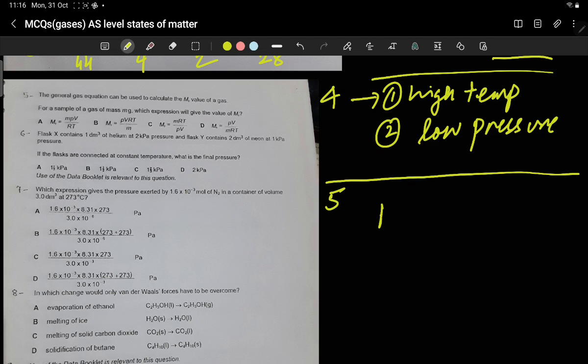So we know that PV is equal to nRT, and PV is equal to mass over Mr times RT.